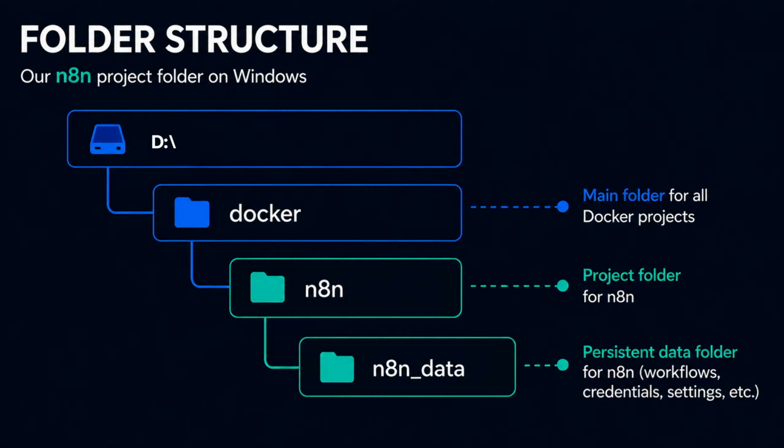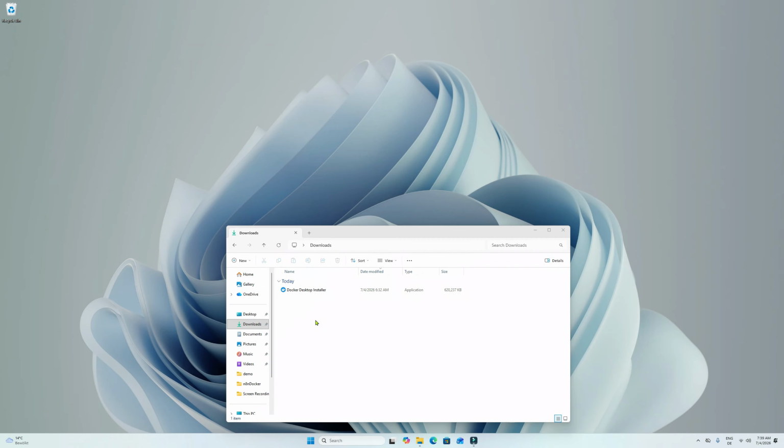In this data folder, we will store all the workflows, credentials, settings, and other important information for the workflows or agents that we're going to create. This is important because if we update anything for the application itself, this information will not be lost in the future.